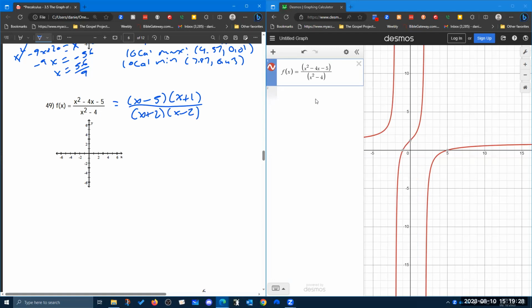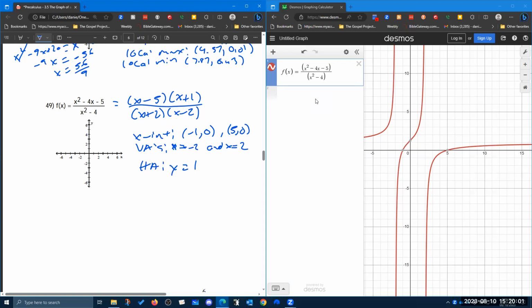No holes from this, because there's no common factors top and bottom. We've got x-intercepts at -1, 0, and 5, 0. We've got vertical asymptotes at x equals -2 and x equals 2. We've got a horizontal asymptote at y equals 1.